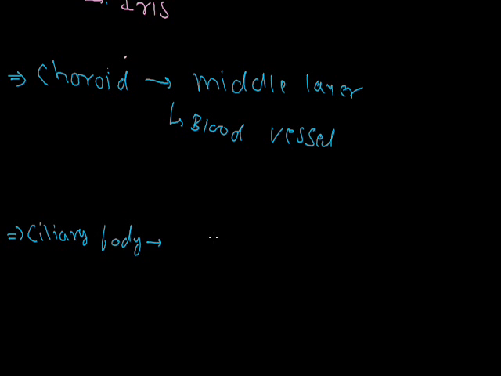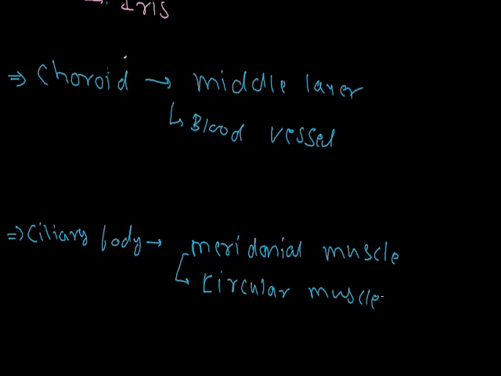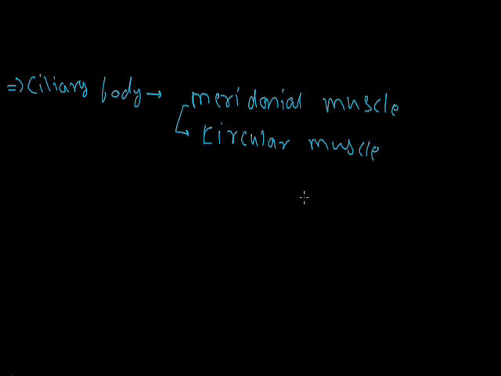The ciliary body has two types of muscles: meridional muscles and circular muscles. Now see both muscles in this picture.